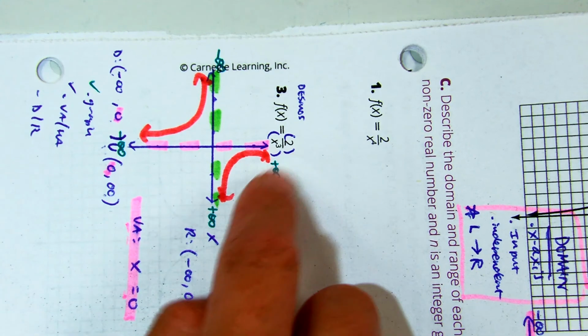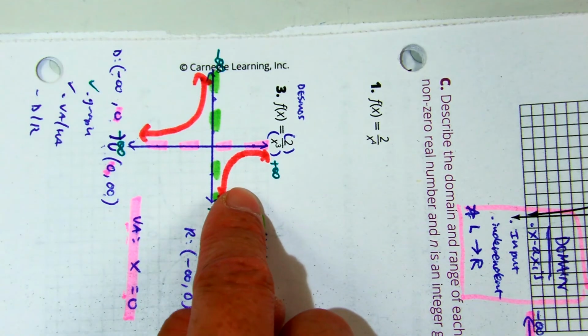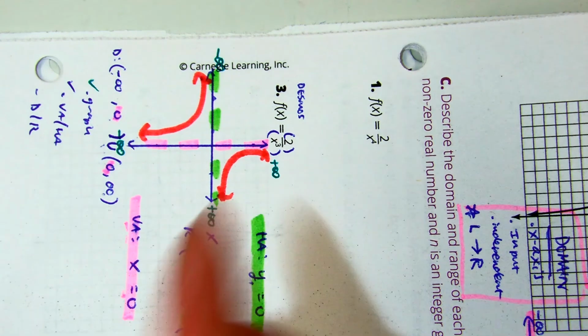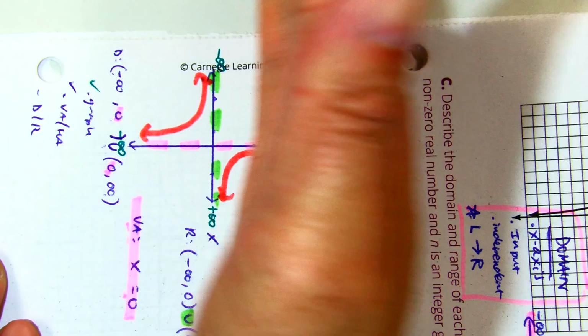Now, it does not matter if the arrows are pointing up or down. It does not matter. The only question that really matters is, is there a graph? Yes, yes, yes, yes. On the green line, no. Yes, yes, yes, yes, yes. Okay, so the only part of the graph we don't have is 0. And that's domain and range of the rational function.